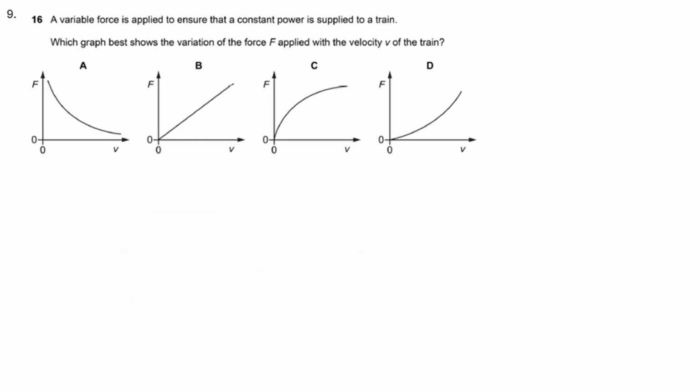Number 9, even though it says 16. A variable force is applied to ensure that a constant power is supplied to a train. Which graph shows the variation of the force applied with the velocity of the train? So you should know that the velocity of the train is dependent on the resultant force.